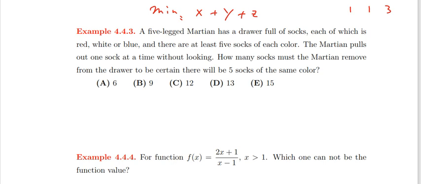Okay, so this problem says a guy has a drawer of socks, each of which is red or white or blue, and there are at least 5 of each color. He pulls out one sock at a time without looking, just picking one and one and one.